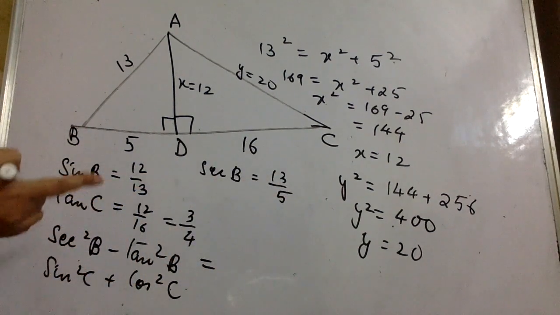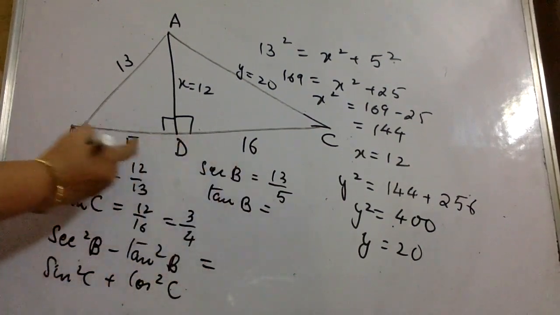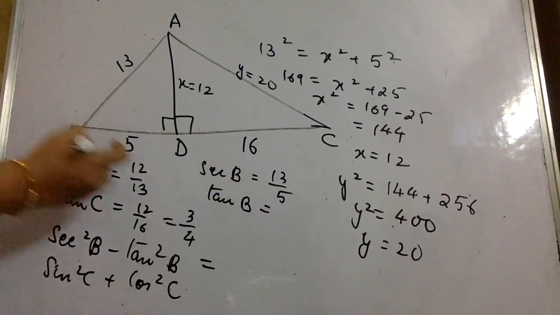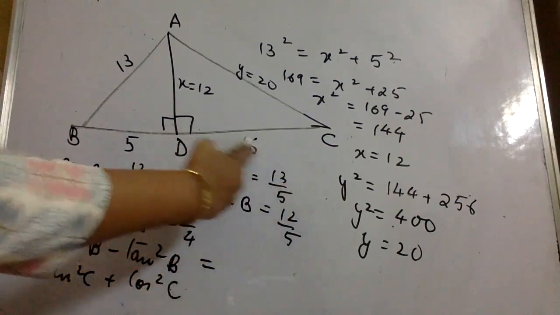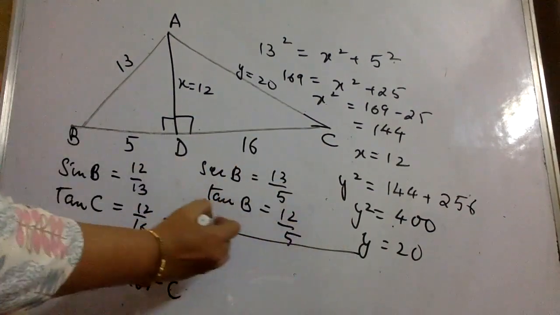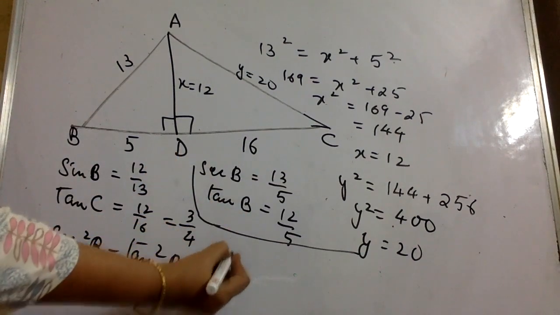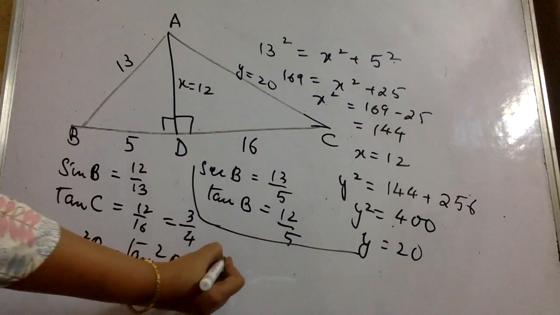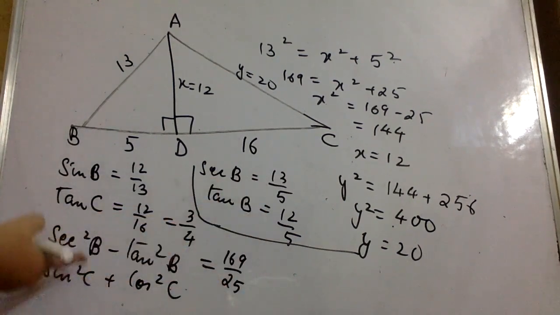Okay, and tan b is how much? Tan b is 12 by 5. Okay, so we have both the values ready. So we are going to substitute that over here now. Sec square means this value gets squared, 169 by 25, 13 square by 5 square.